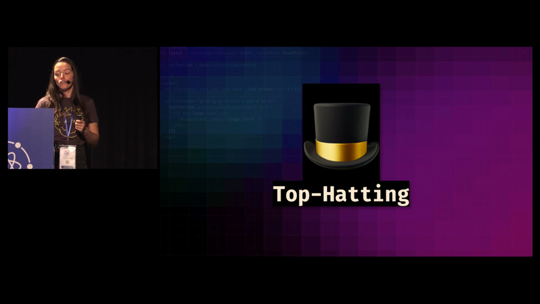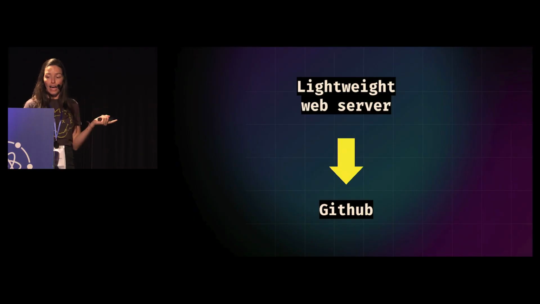So we built a desktop application for Mac called Top Hat, and that lives in the system menu bar. Under the hood, the Top Hat application exposes a lightweight HTTP web server that we link to from our PRs in GitHub. This is because GitHub right now doesn't support custom URL schemes.